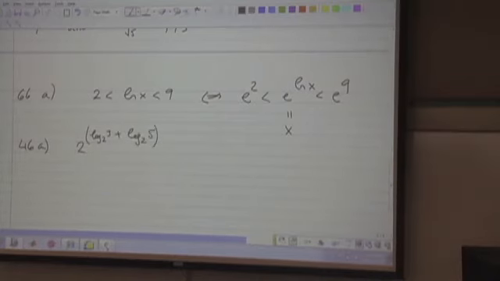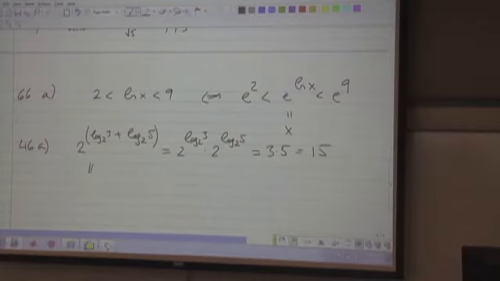So now laws of exponents tells us what? That this is the same thing as 2 to the log base 2 of 3 times 2 to the log base 2 of 5. Which is nothing else but 3 times 5, so you end up with 15.